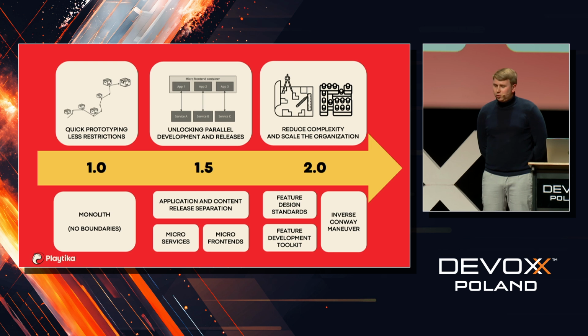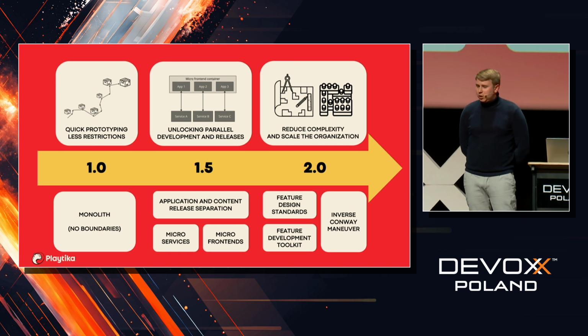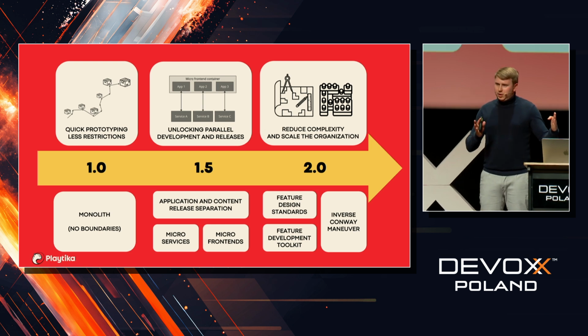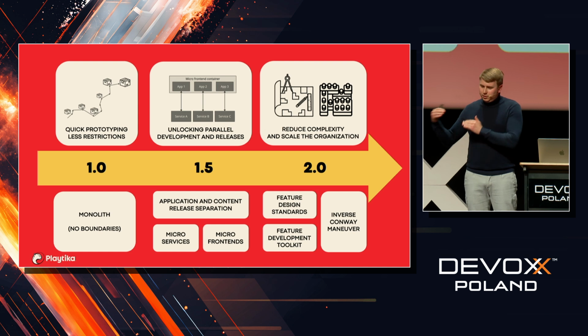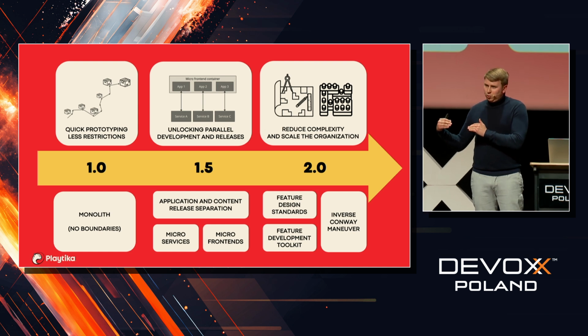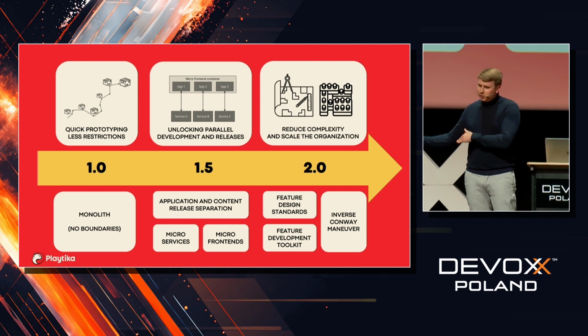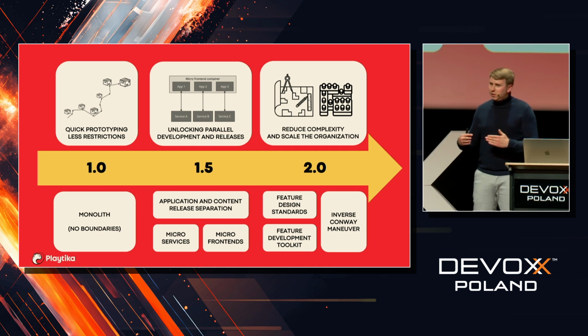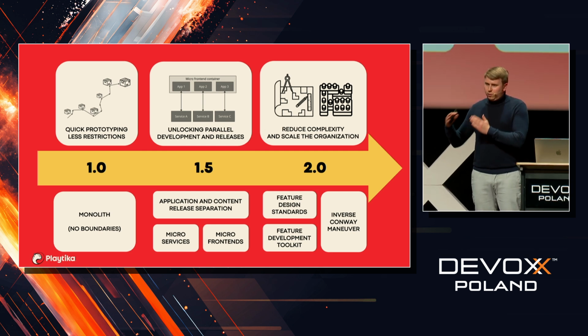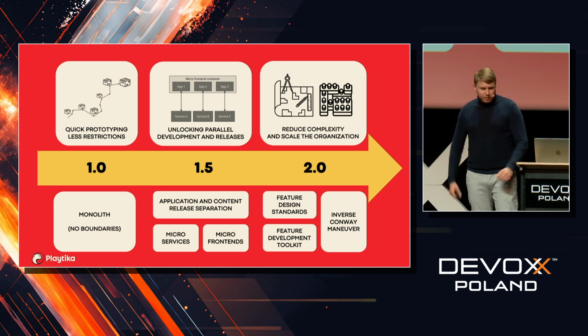So the architecture 2.0 is about standardization by introducing some feature design standards like blueprints and building those feature development toolkits, a set of reusable components, so we can focus on features but not on the tech decisions. And for the architecture 2.0, we also had to apply the inverse Conway maneuver to promote the right architecture.